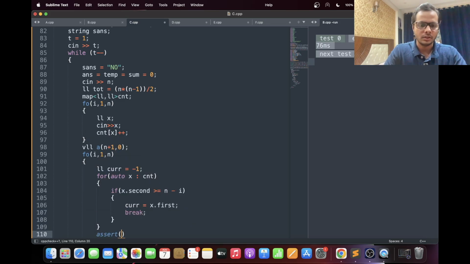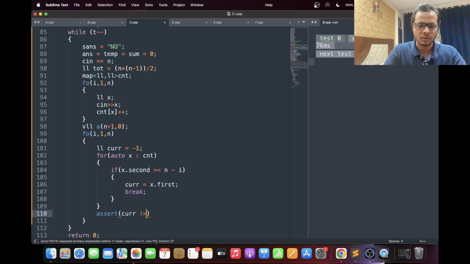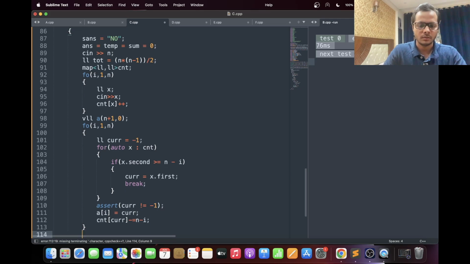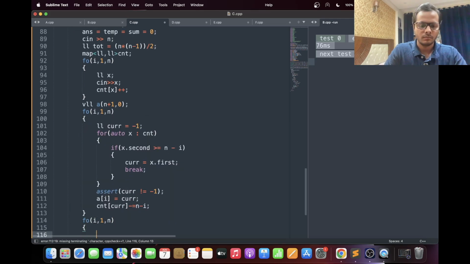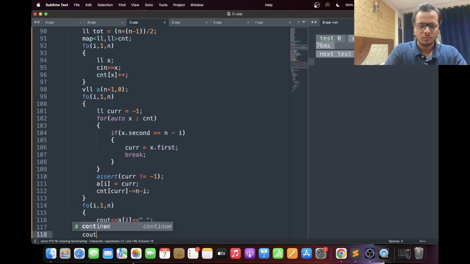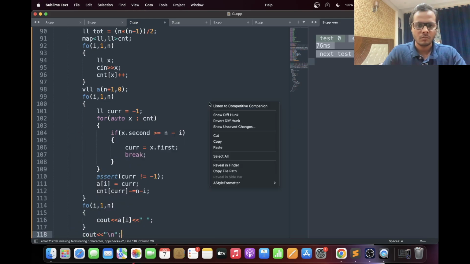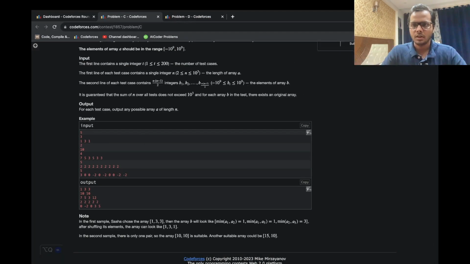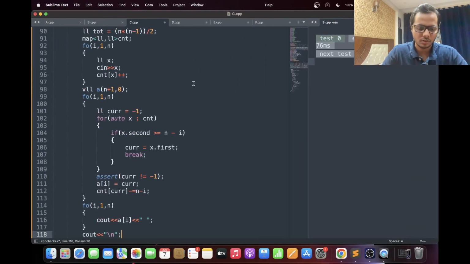We can assert that cur is not equal to -1. We can say that a of i is equal to cur, and then count of cur minus equals n minus i. Okay, that sounds like a good enough solution.